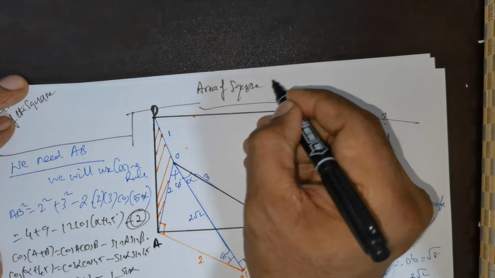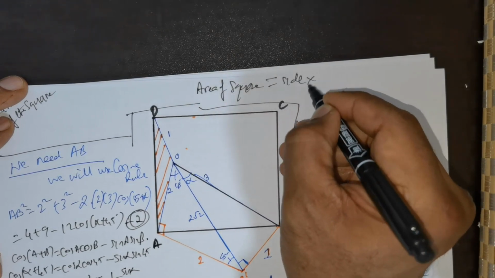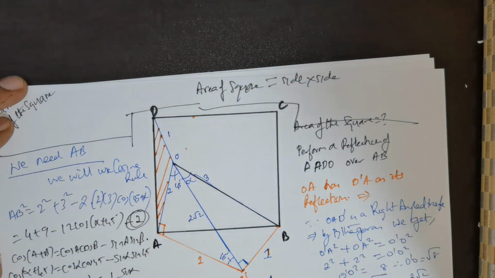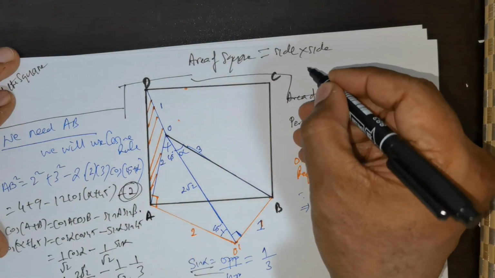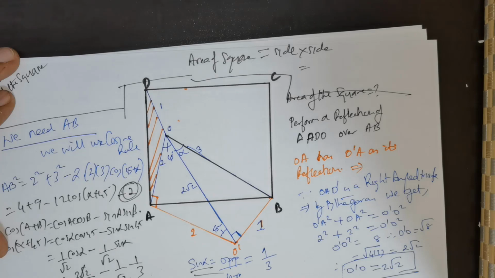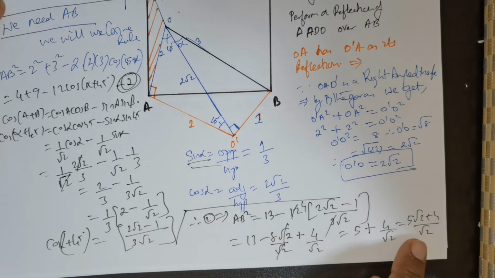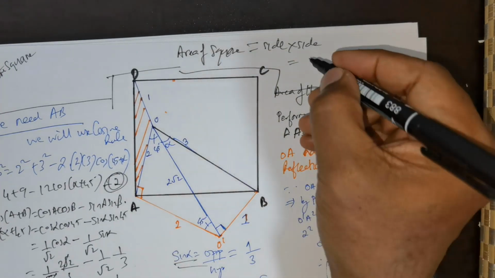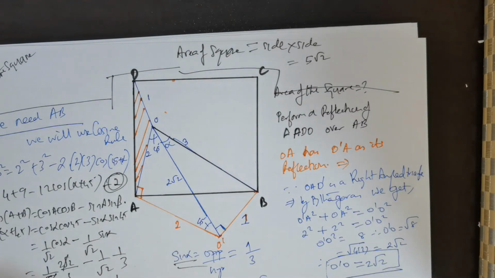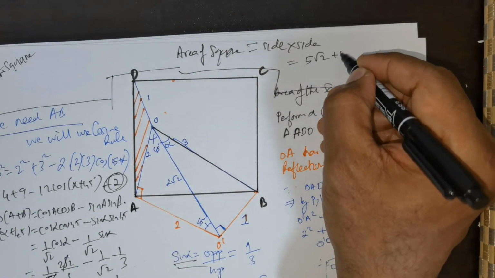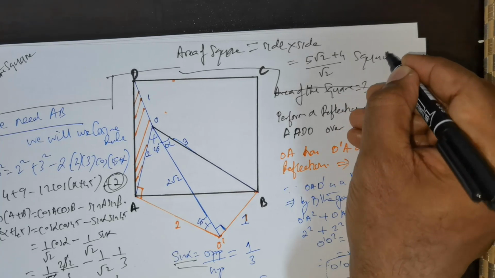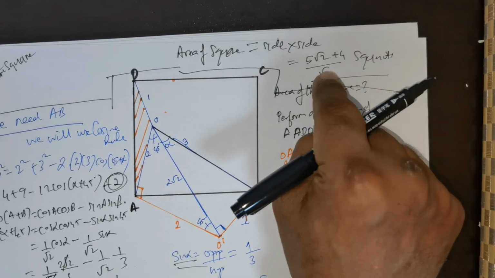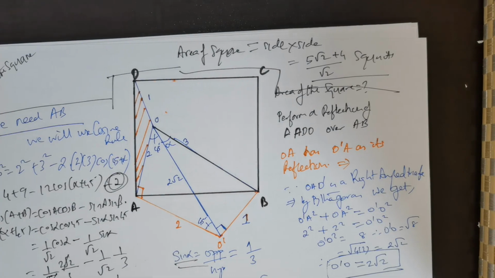Area of square is side into side. So if AB is a side, its square is going to give me the area. So this would mean the value that we got is going to be the area of the square. So 5 into root 2 positive 4 divided by root 2 square units. That is going to be the required area.